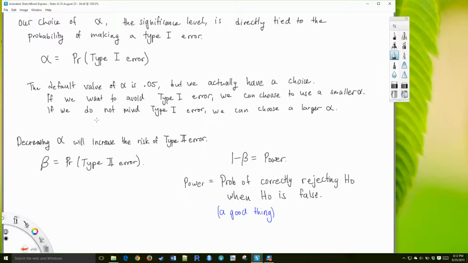And if we choose to reject less often, then that means we would be not rejecting more often. They're inherently linked.